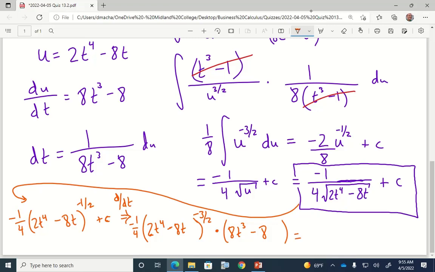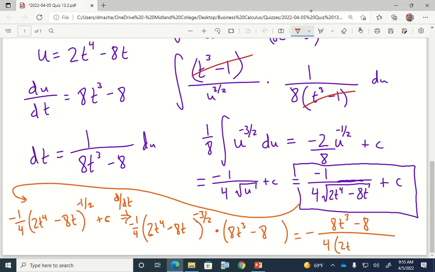So just rearranging this a little bit more, I keep the negative 1/4. This 8t cubed minus 8 goes into the numerator, and then all that stuff with the negative 3/2 power goes into the denominator.